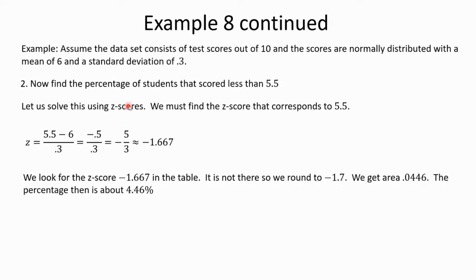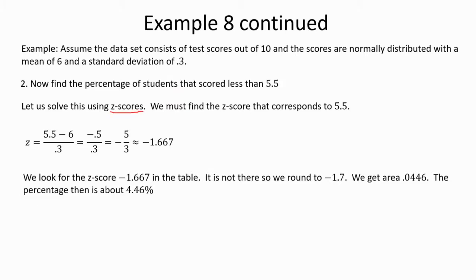Now, what about this one? What if they're less than 5.5? Well, it's the same idea. You convert it to a z-score, just like before, except now we're looking for the percentage of students that scored less than 5.5. It's the same data, so we have the same mean and standard deviation. What do we do first?